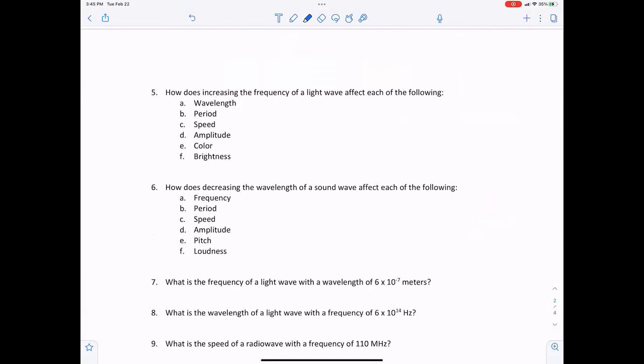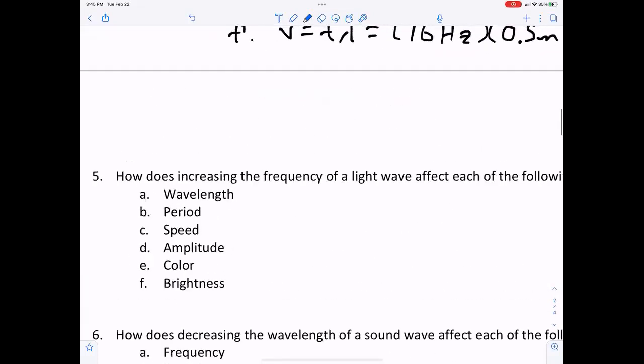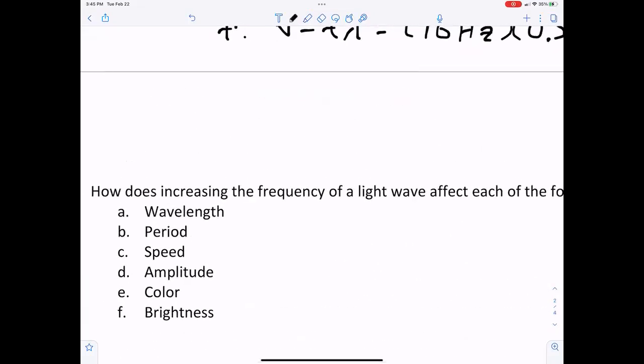Number 5. Now for number 5, it's asking, how does increasing the frequency of a light wave affect each of the following? So let's take a look at our light in terms of the colors and the information about light. So first, let's break light down into the respective colors.